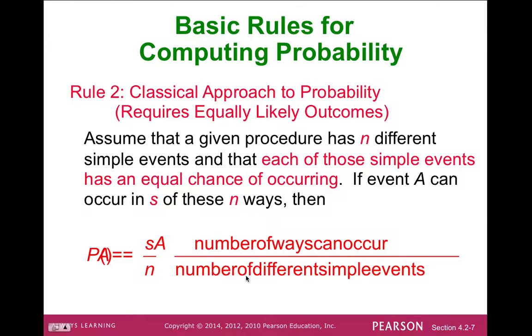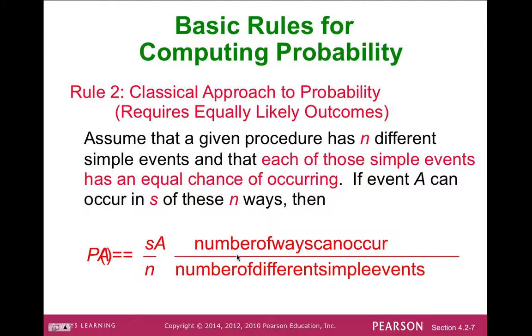So, for example, let's talk through our die example a little further. Now, a die has 6 sides. So 3 of those sides are odd numbers and 3 of those sides are even numbers. So let's imagine that what we're looking for is the number of ways an even number will come up. So there are 3 different ways on any die that an even number can come up.